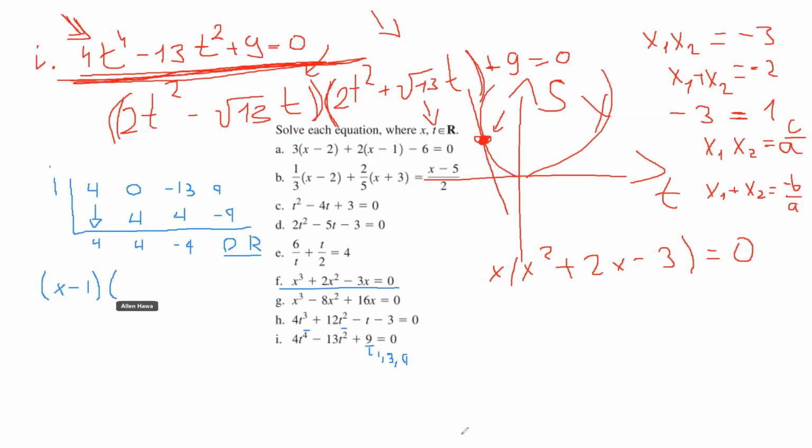And then you have 4x cubed, it has to be cubed, plus 4x squared, subtract 4. Now you have this, it's still a cubic function.